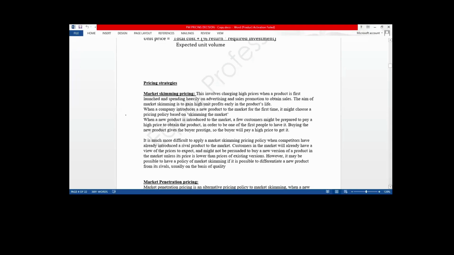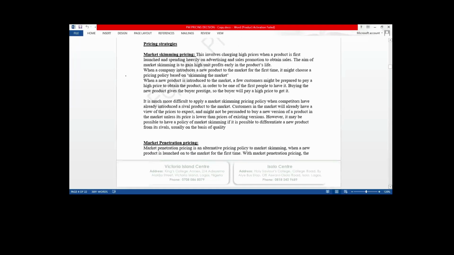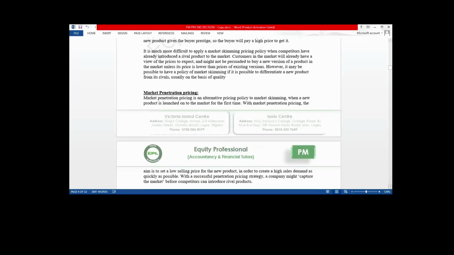Number two method: market penetration pricing strategy.